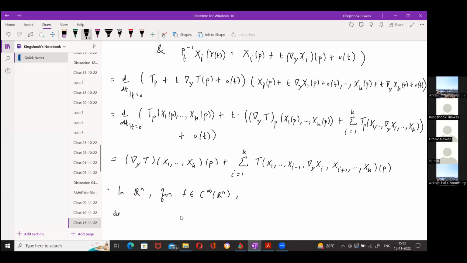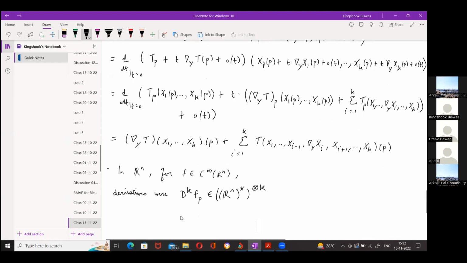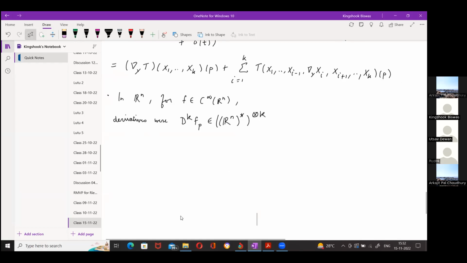Its derivatives were d^k f, which at any point p was a k-multilinear map from R^n cross ... cross R^n, k times, to R. These were the higher derivatives of a function in R^n.